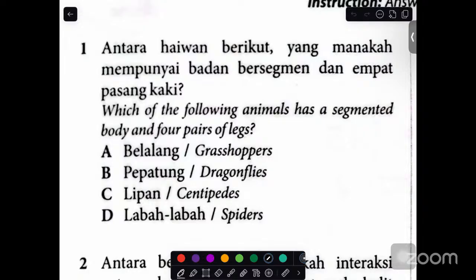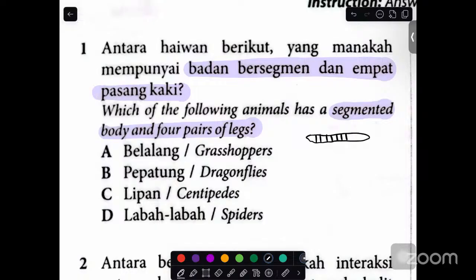Number 1, which of the following animals has a segmented body and 4 pairs of legs? Segmented body, body bersegmen dan 4 pasang kaki. You know what is segmented body kan? Like this, yang ini.